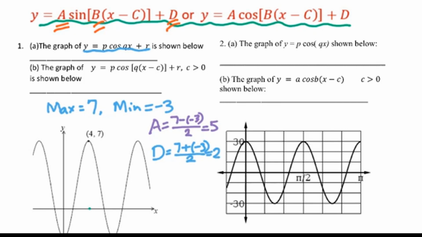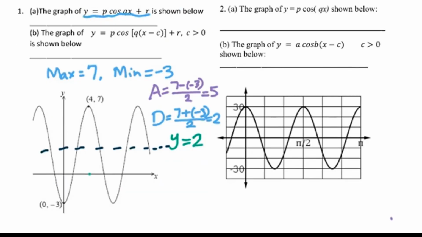After you figure out the 2, we will draw midline y equals 2. For this graph, we don't know exactly where 2 is on the y-axis, so you just estimate. Yeah, this line is y equals 2.